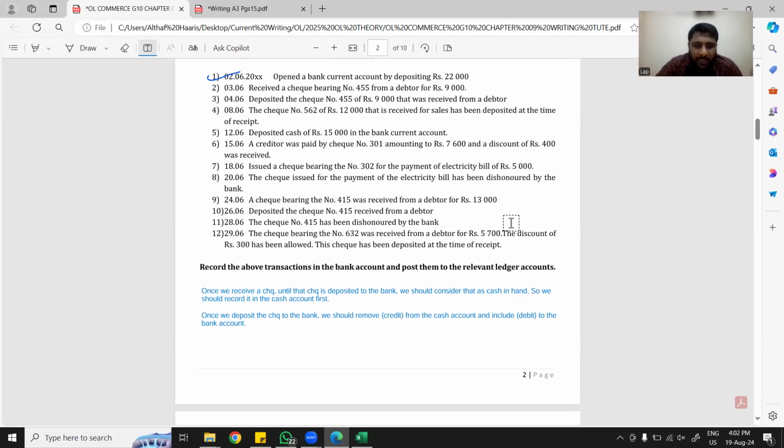Once we receive a check, until that check is deposited to the bank, we should consider that as cash in hand. So we should record it in the cash account first. Once we deposit the check to the bank, we should remove credit from the cash account and include debit to the bank account.